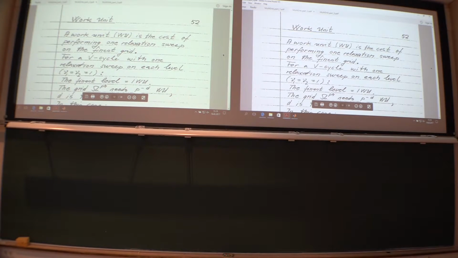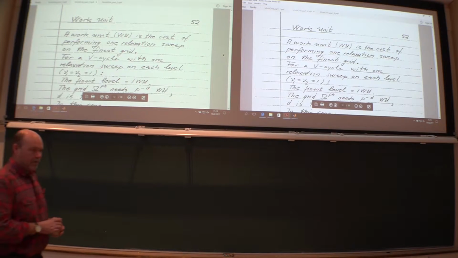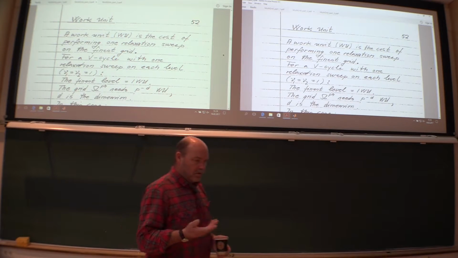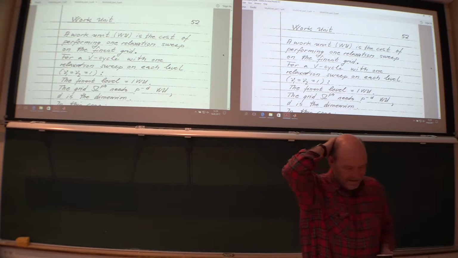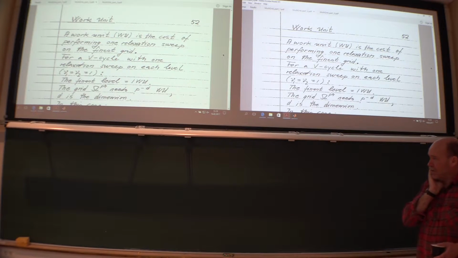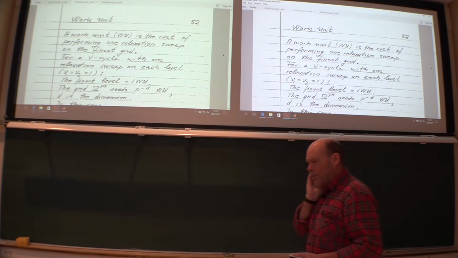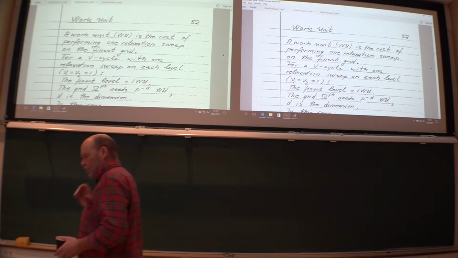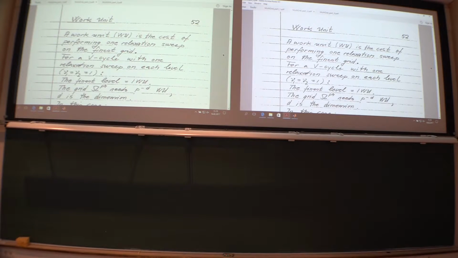When you are talking about efficiency, you need to define for the different mesh systems what is the number of operations needed to perform the calculations.